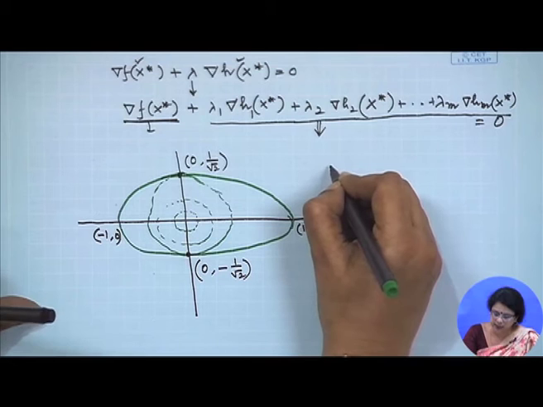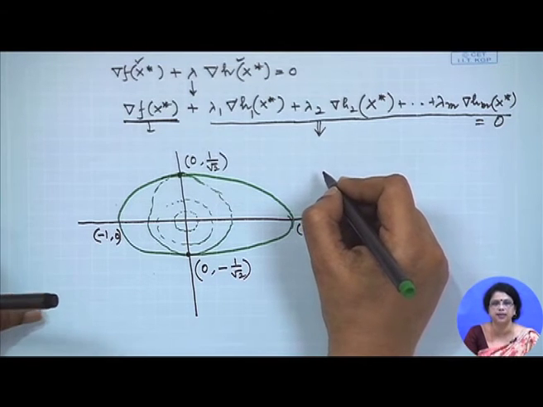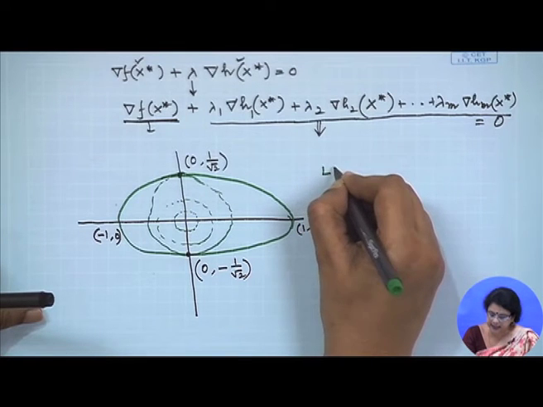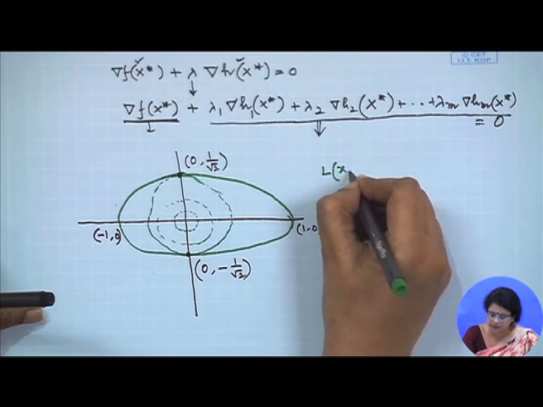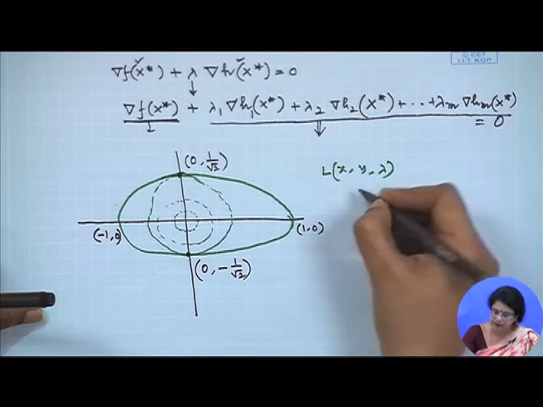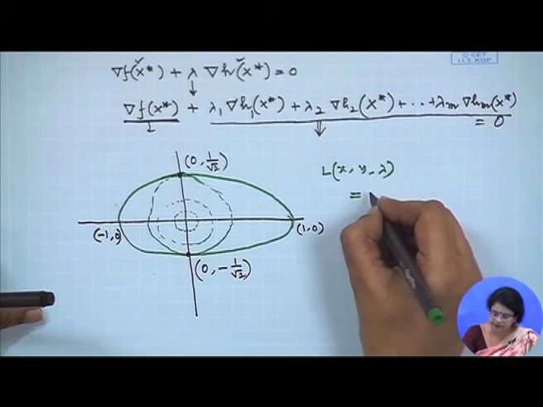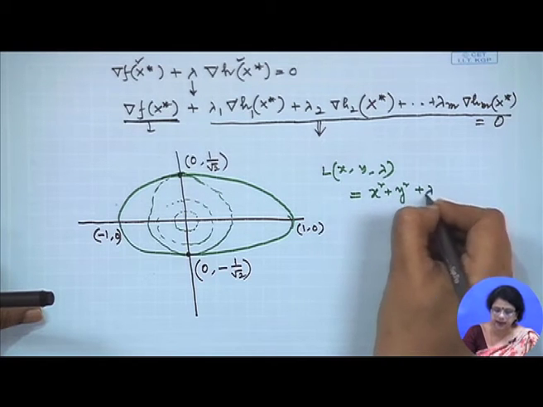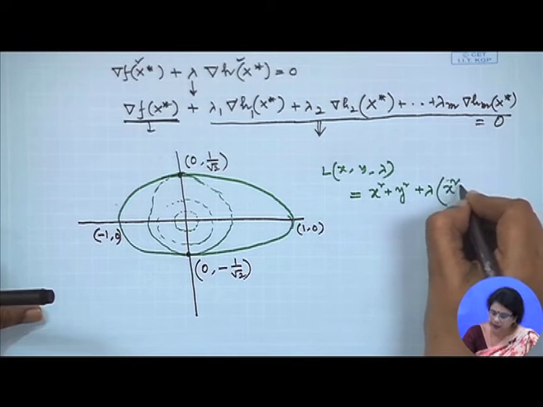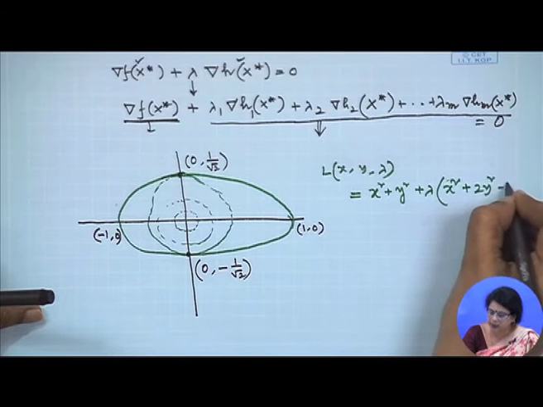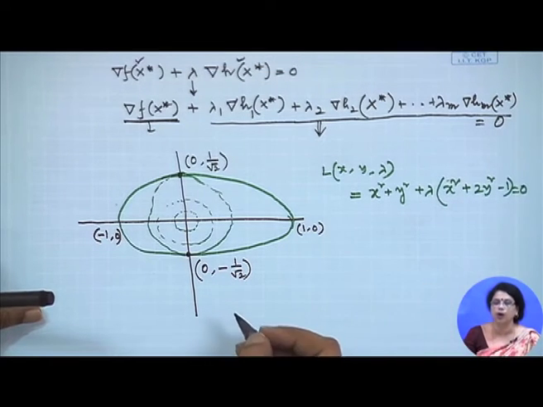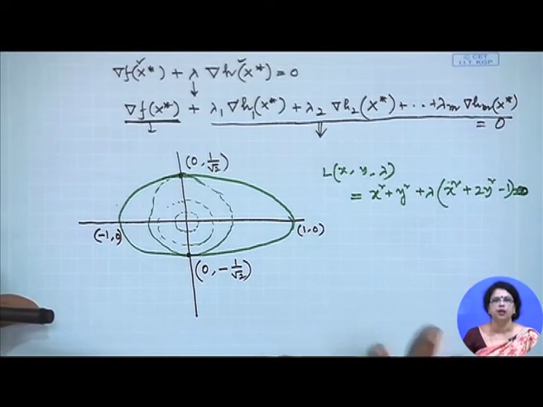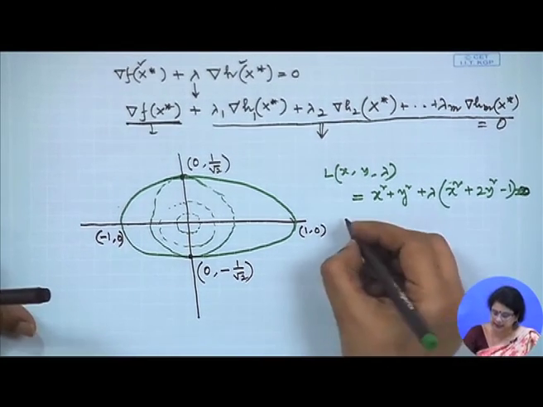We want to get all these, the maximum points and the minimum points, together mathematically. So let us introduce the Lagrange function L of x, y, lambda, equal to x square plus y square plus lambda into x square plus 2y square minus 1. Now, what is the first order necessary condition?